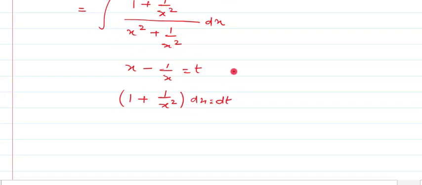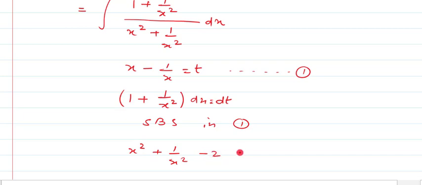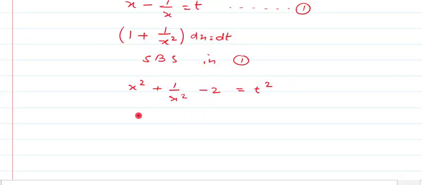Now to simplify the denominator, let us find out the squaring of the first. So squaring both sides in 1, what are we getting? x square plus 1 upon x square minus 2 is equal to t square, which implies x square plus 1 upon x square is t square plus 2.